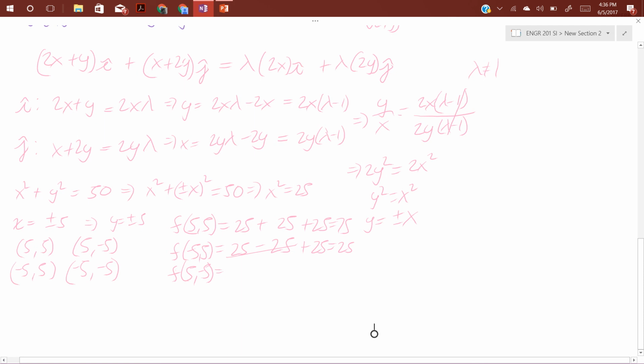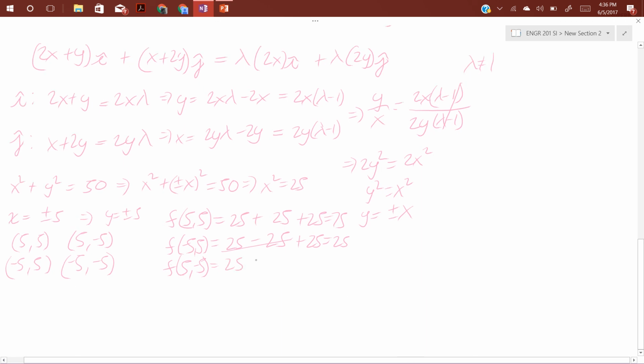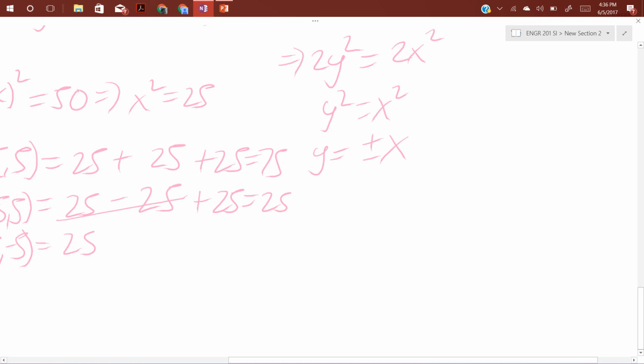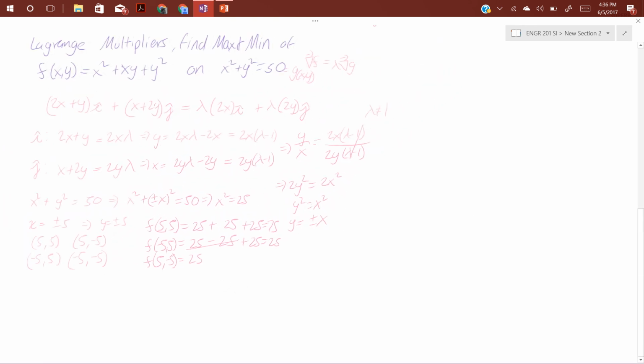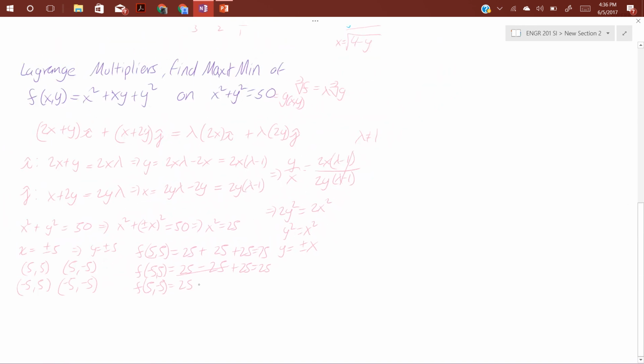In terms of min and max, we can say that this 5, negative 5 is going to be the same as the negative 5, positive 5, because it's going to be 5 squared minus 5 times 5 plus 5 squared. We get 25, and then the 2 negative ones will give us 75. This is only because of how the equation worked out, where we're just multiplying the same numbers to each other.